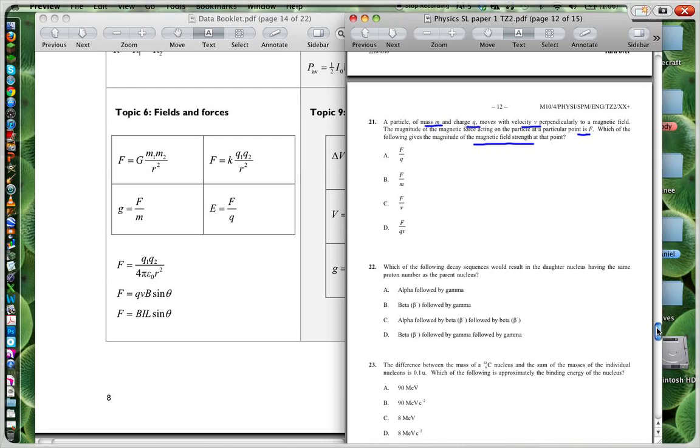So, which formula are we going to use? Well, we've got this one over here. We've got a force, we've got our charge, we've got our velocity, and we've got our magnetic field strength. Because it's acting perpendicularly, that will be the sine of 90, which is 1. So we don't need to worry about that. So we've got F is equal to QVB. So our magnetic field will actually equal F over QV, like that.